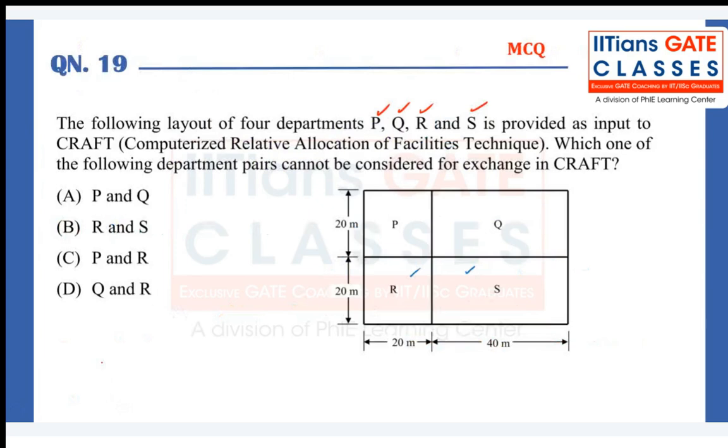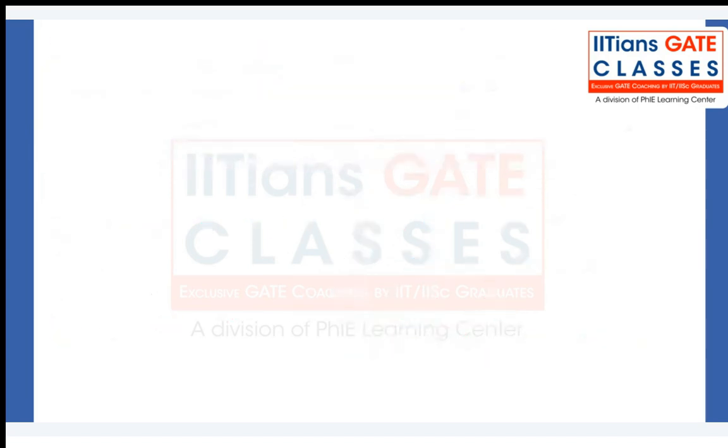Now let us see option C. What is the option? P and R. See the P and R: a horizontal edge is being shared. So for option C, P and R share a horizontal edge.